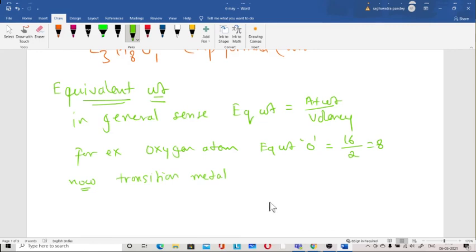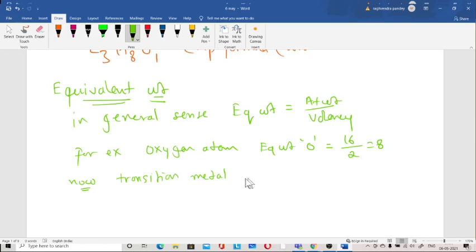All the elements from group 3 to 15. No, it is up to group 12. Okay, 3 to 12. Except that zinc is not there, but okay.